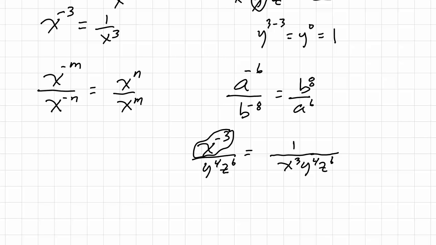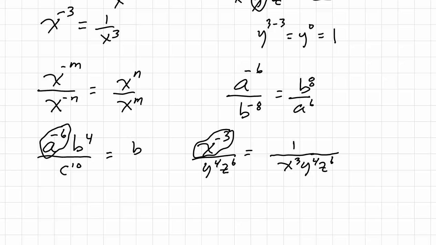If we had one more, a to the minus 6, b to the 4th, all over c to the 10th, the only thing we need to worry about repositioning is that a to the minus 6.